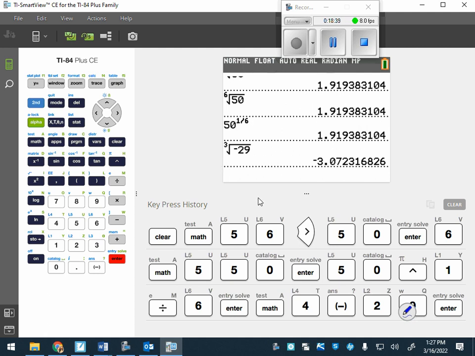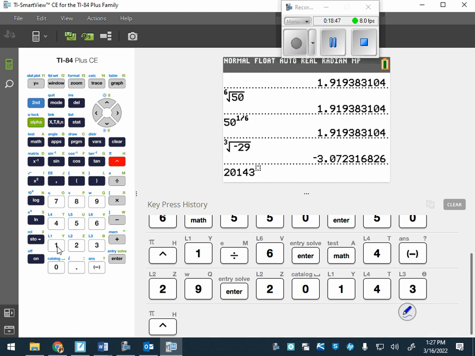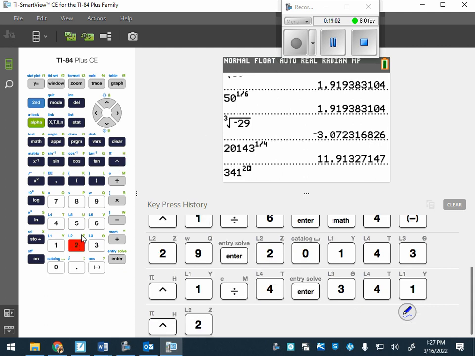Then if we try C, this is just getting familiar with where the calculator tools are or how to enter it in terms of solving eventually. Raised to the 1/4. Enter, or you could do the 4th root of that one. In the last one, 341 raised to the 2/5.